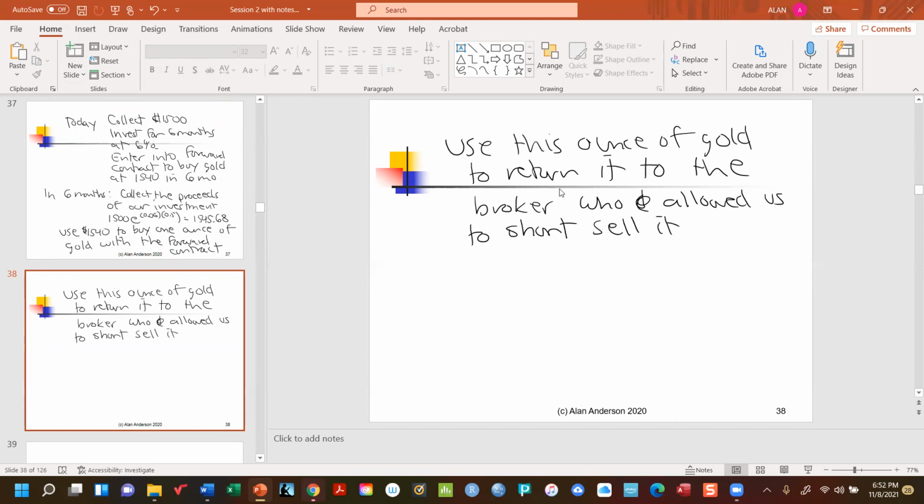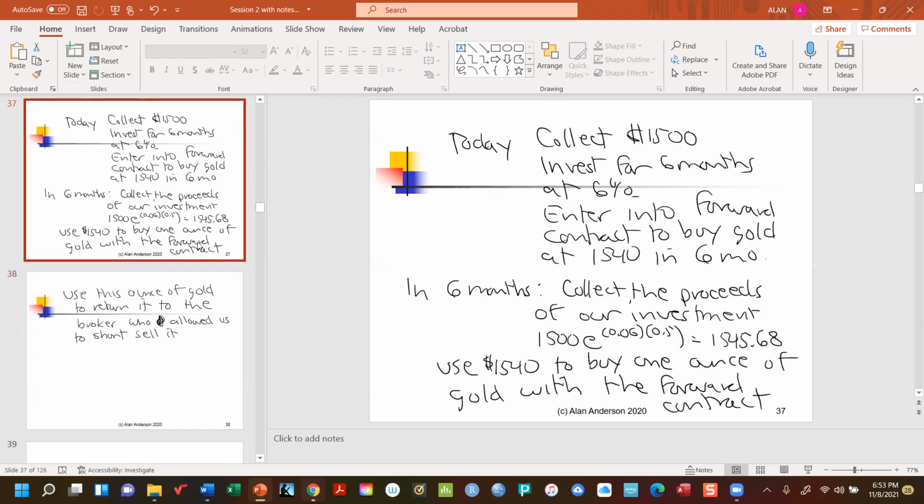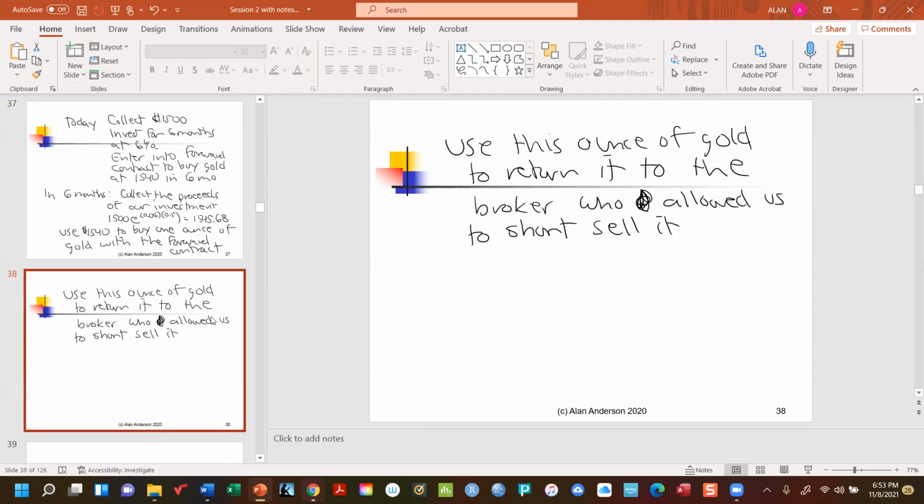In other words, when you short sell, you have to bring it back. You're basically borrowing something and then selling it with the promise of bringing it back. So we brought it back. So the $1,500 that we collected when we sold it was invested, and it brought us back 1548.68. In the meantime, we were able to lock in the price of gold that we were able to buy, 1540 in 6 months. We do that.